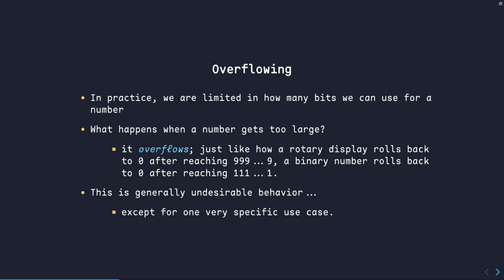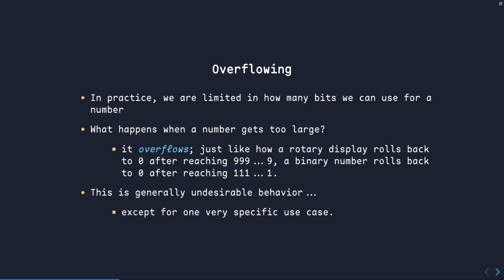But in practice, unlike when we are working with digits with our pen and paper, we only have a limited number of bits we can use. It's a bit like a rotary display, like you see on a number lock or something like that.